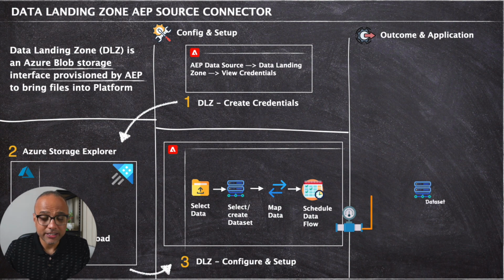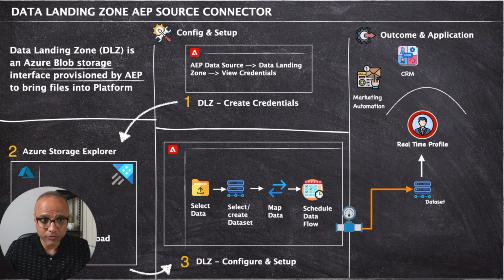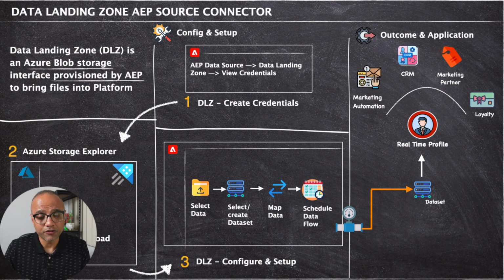Now, this data set, if enabled for profile, then the data which you uploaded becomes part of the real-time profile, which is then used in various applications, either to create segments and share that across for data activation, either into your marketing automation software or back into your CRM or a marketing vendor or even your loyalty platforms.